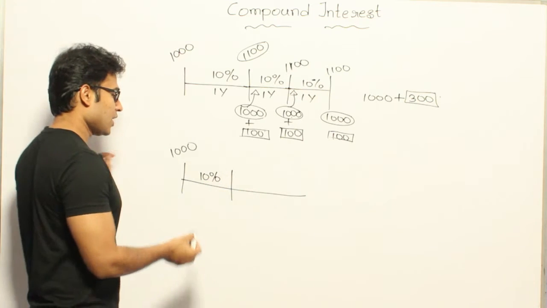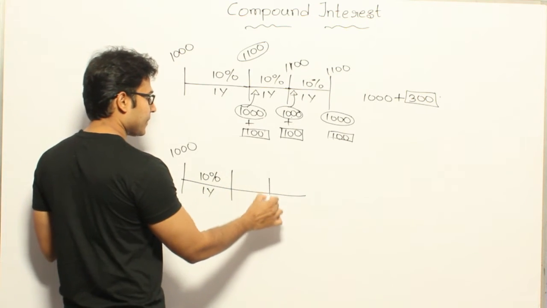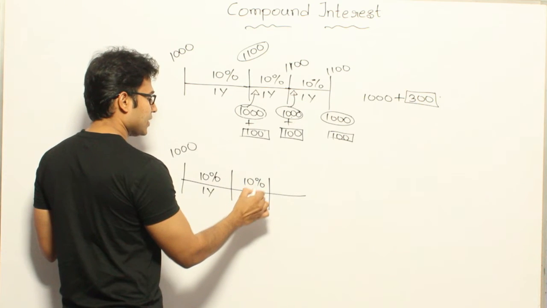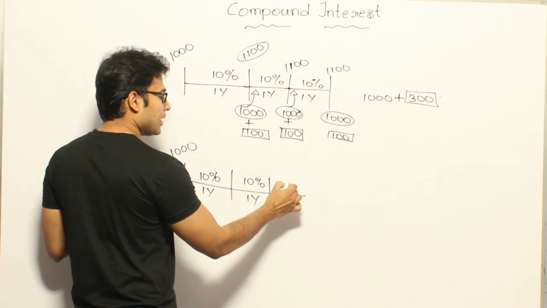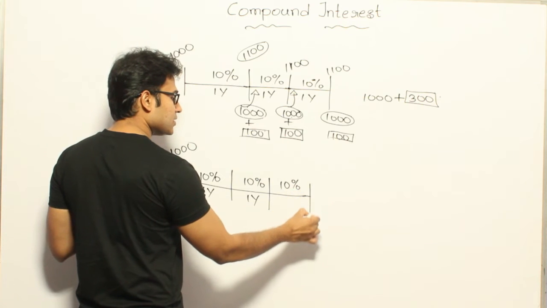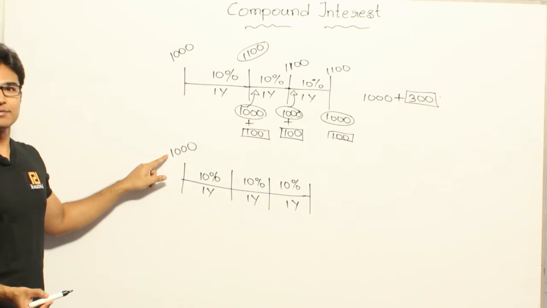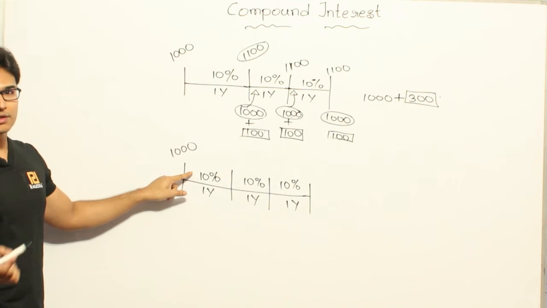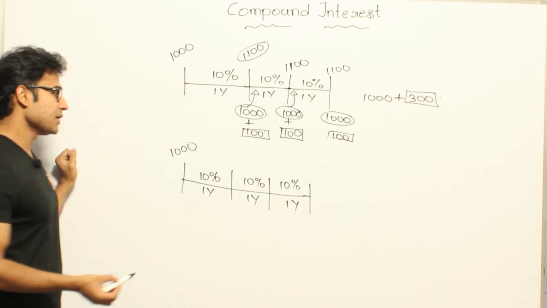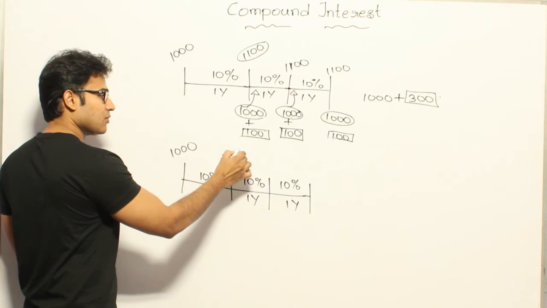Now I'll explain what happens with that. So 10% every year it is going to grow, and assume that it is invested for the same amount of time, 3 years. Now your 1000 is going to grow by 10% initially, which means after 1 year it is going to become 1100 only.